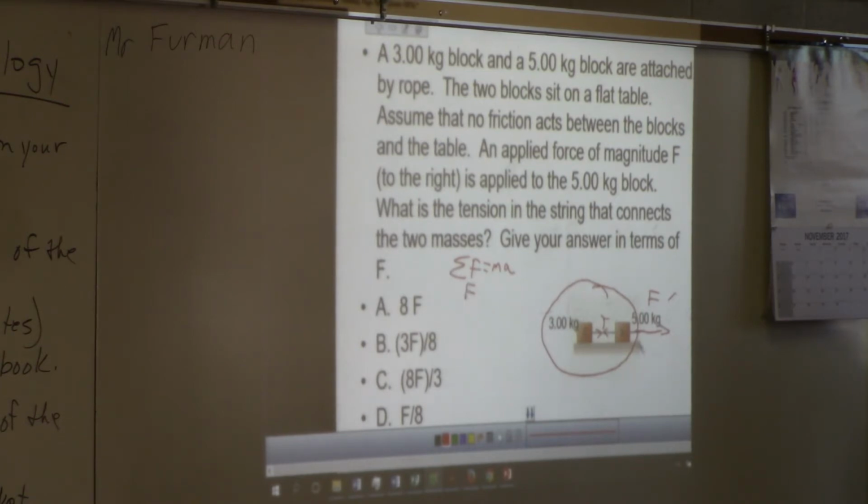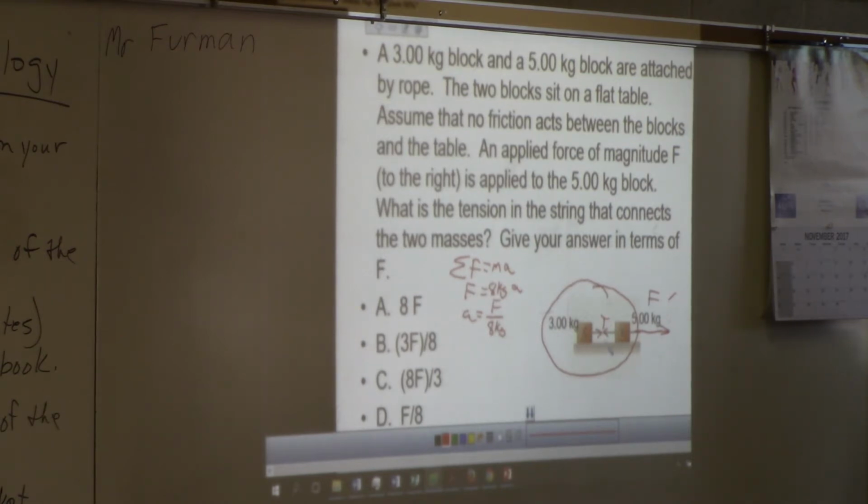Tension is entirely contained within the system, and I'm only interested in the forces that act across the boundary of the system. So the sum of the forces is simply F. The mass is 8 kilograms. So I can solve for a by dividing both sides by 8 kilograms. The acceleration is going to be F over 8 kilograms.